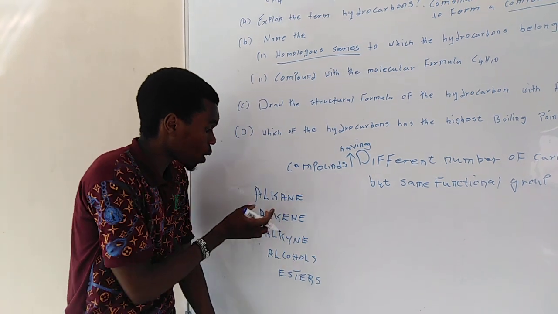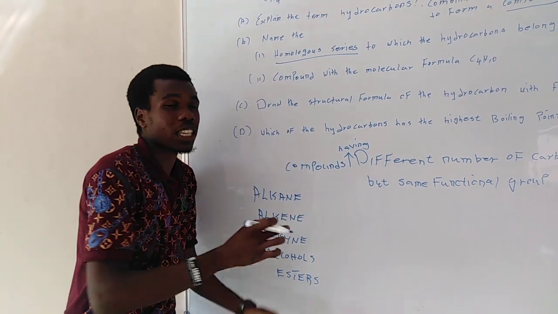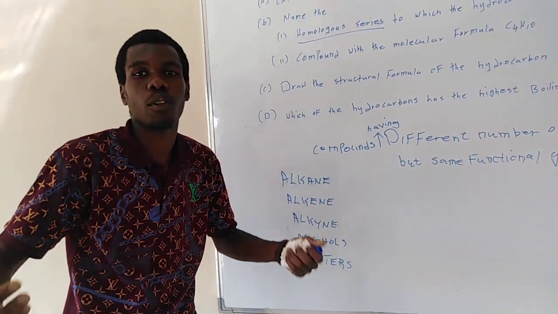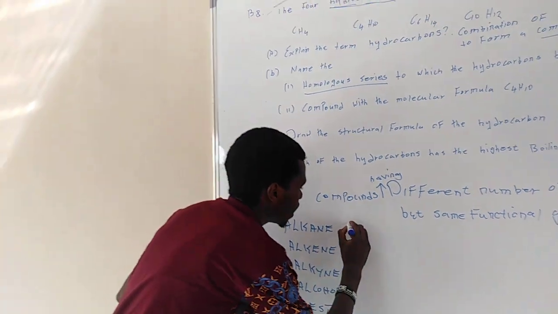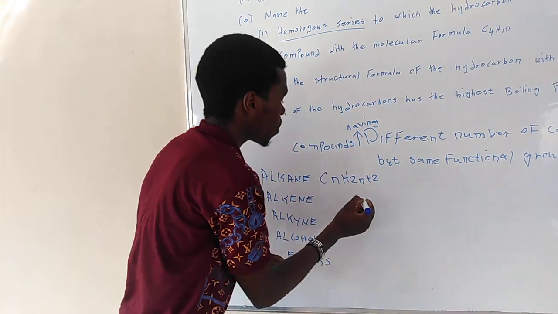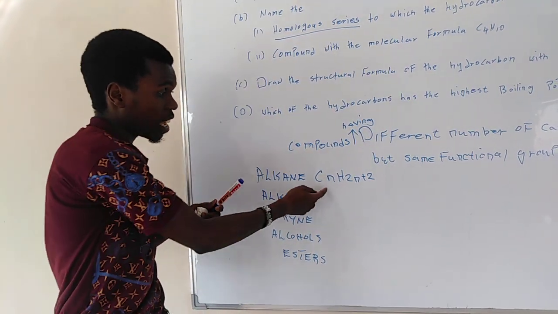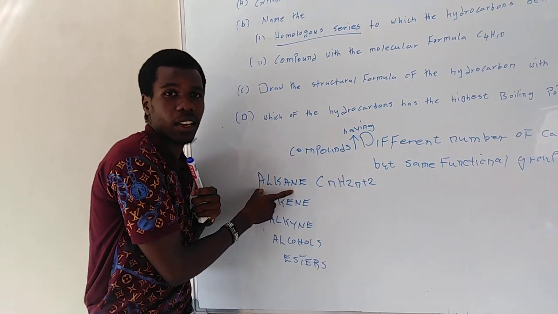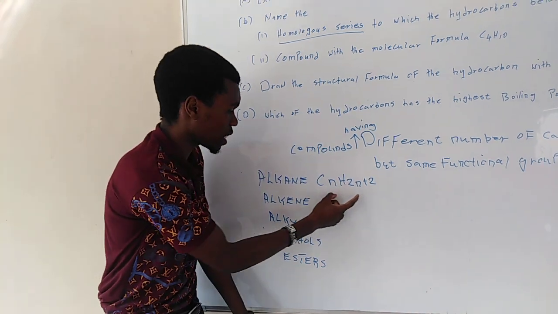So what is the surname of the alkanes? The general molecular formula for the alkanes is CnH2n+2. This is the surname for the alkanes.